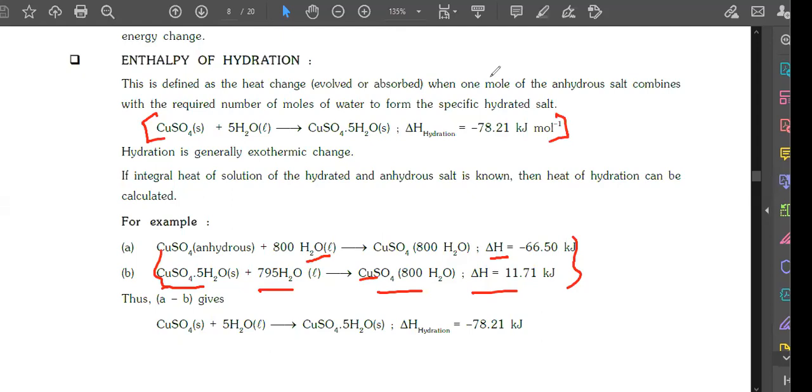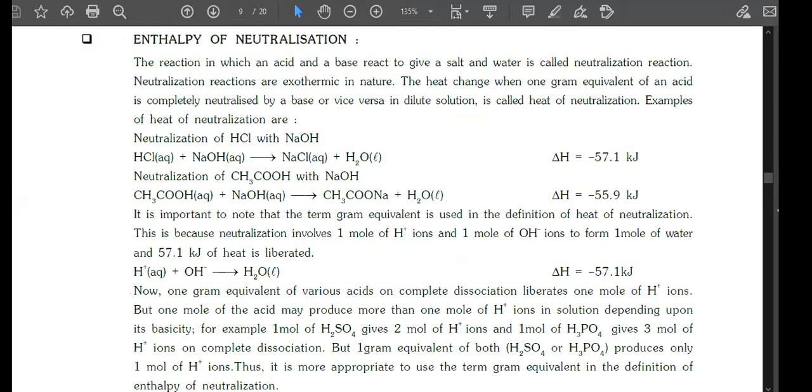Okay, everyone. So last enthalpy of today, enthalpy of neutralization, which we have already studied in last class. So we will just revise this. Now see, enthalpy of neutralization. So what is the meaning of neutralization?